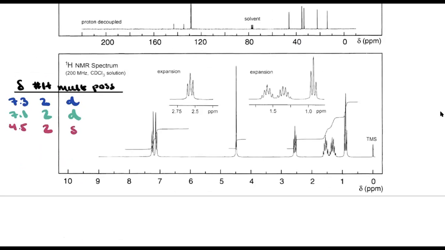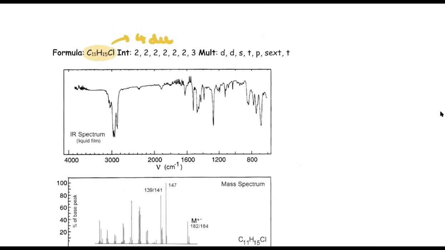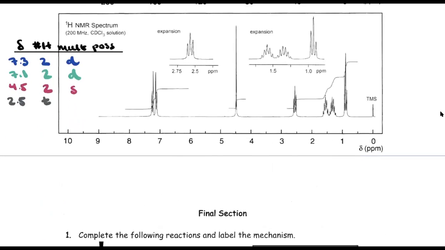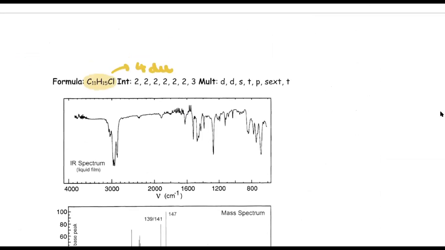We have a peak at 2.5. Okay, 2.5, we said that that's a triplet. Then 2, what do we have?